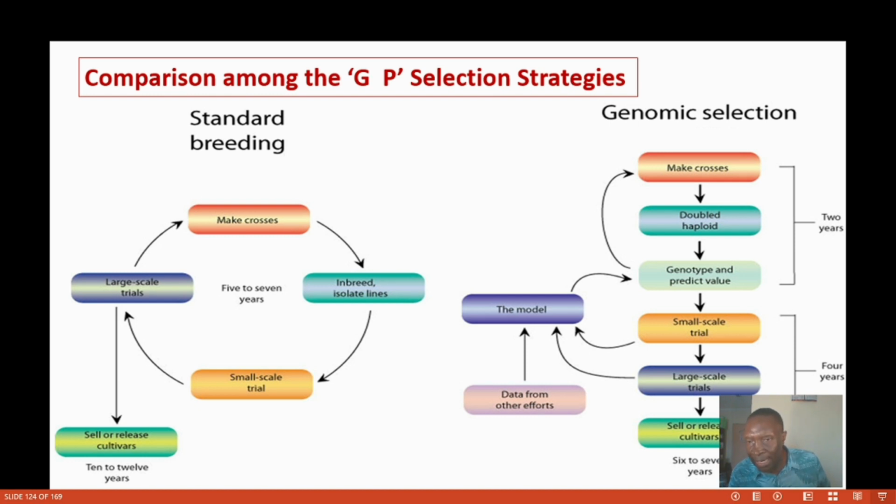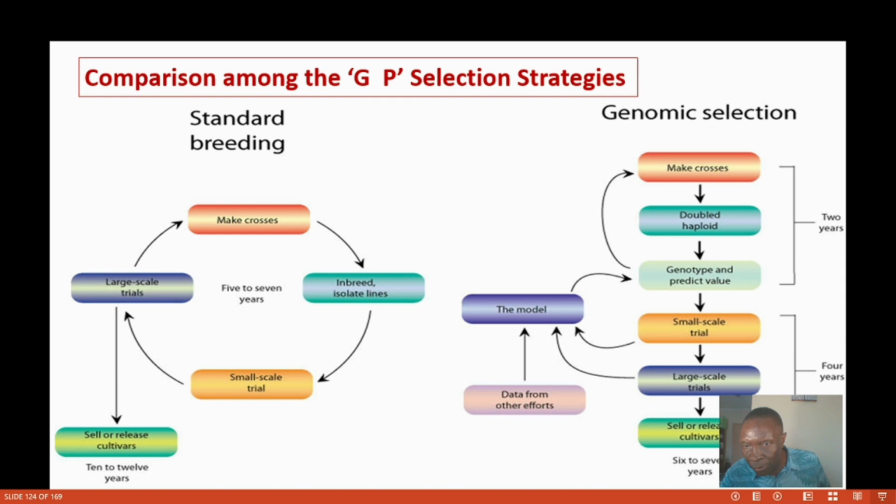Then we have small scale trials. Then the small scale trials and the large scale trials go into a model. Usually the model is a software, and in that model there are other things built in to look at or predict the genotype and predict the value.